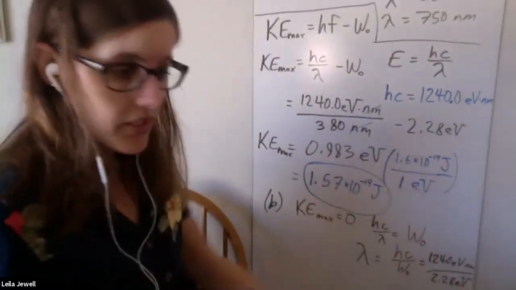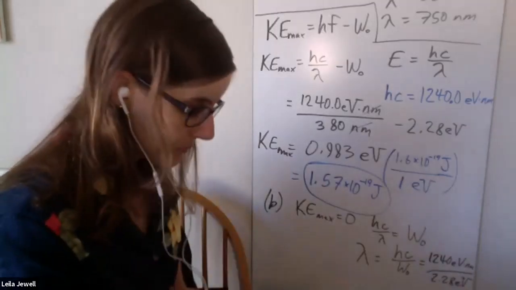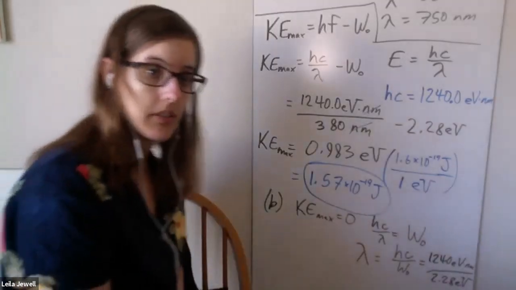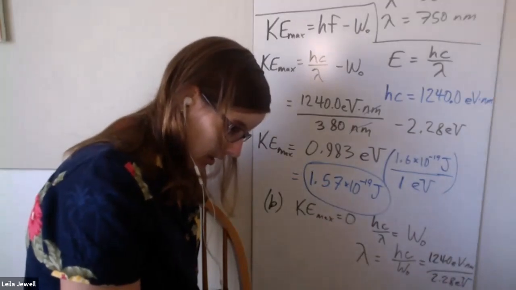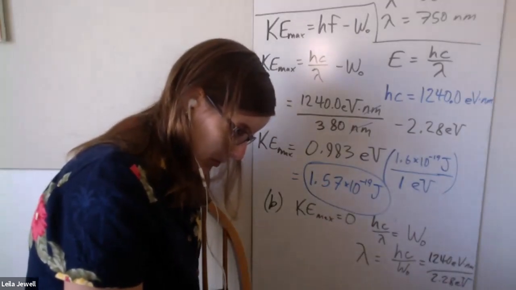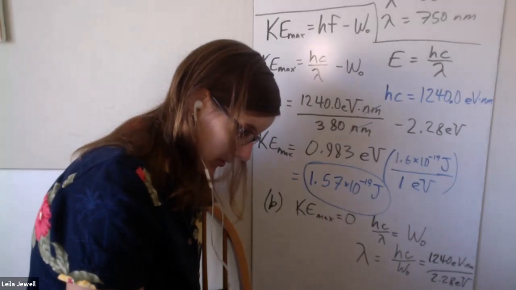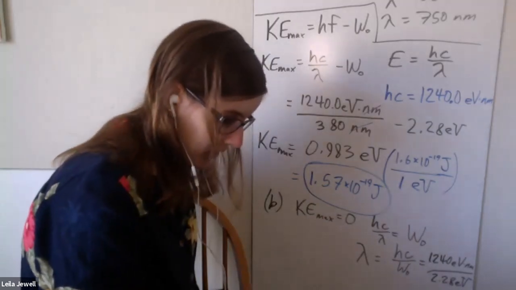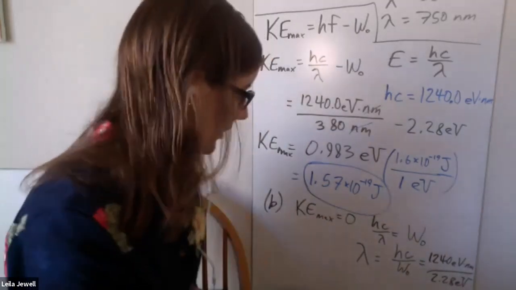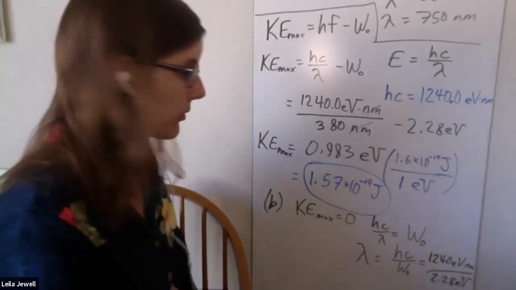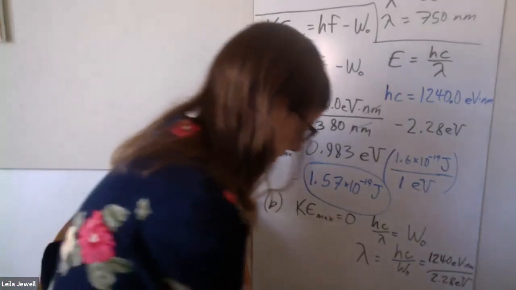And now, once again, this is a pretty simple calculation. 1240 divided by 2.28 comes out to 544.